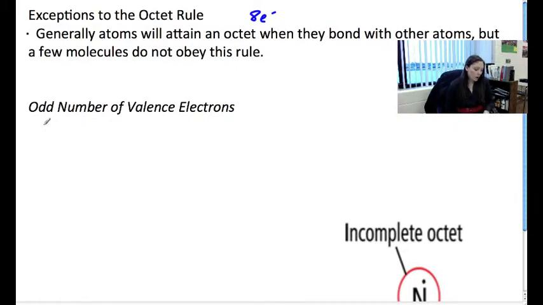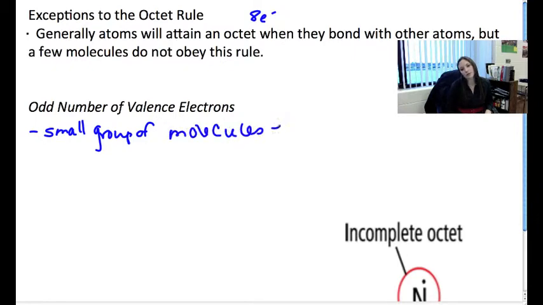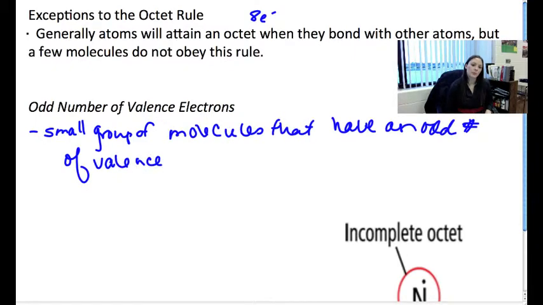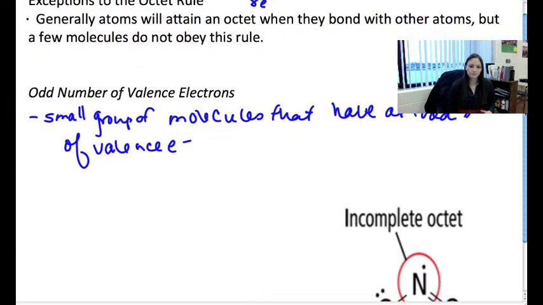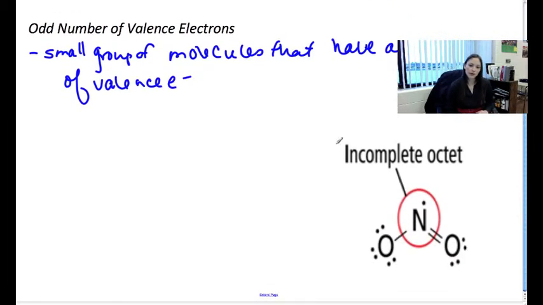So what these are is that we have a small group of molecules that have an odd number of valence electrons. I'm going to look at an example. I'm really not going to give you one of these to draw, but you do have to be aware that they are out there. So we look at this example here.